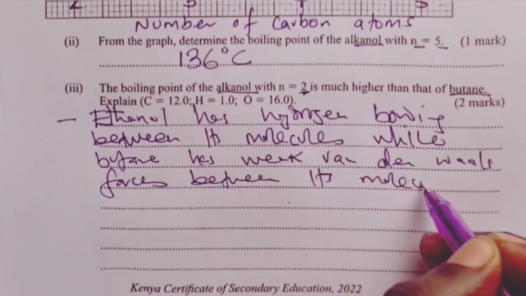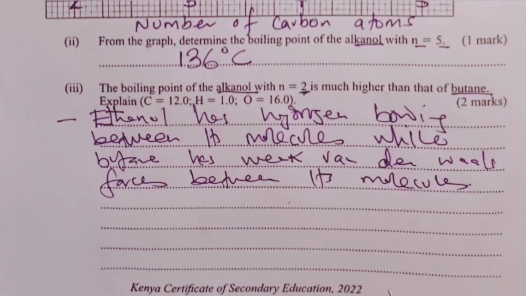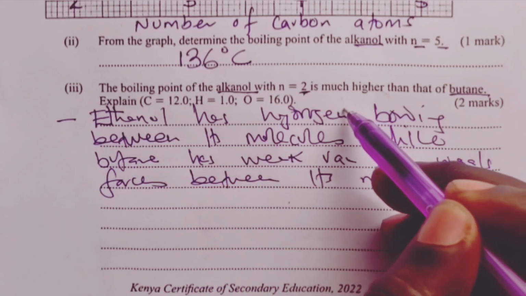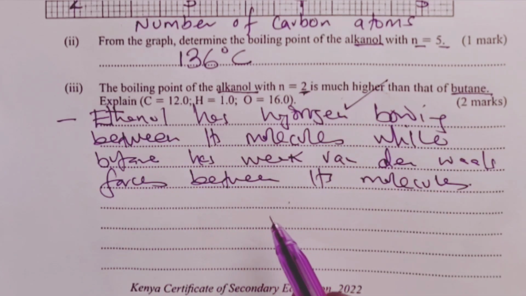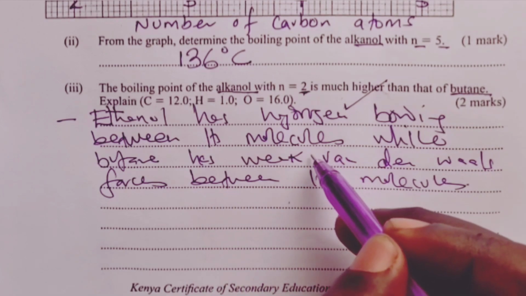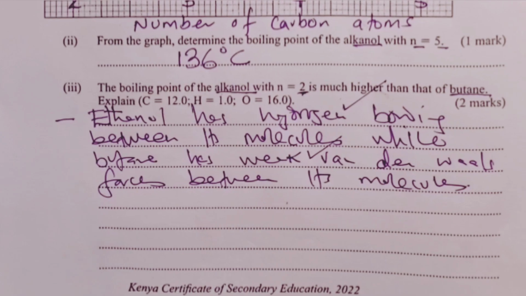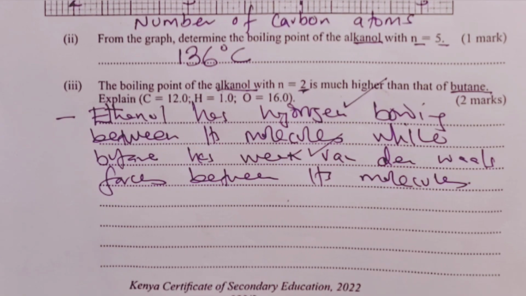This would be the difference in the boiling point. So it's 2 marks. Ethanol having hydrogen bonding, 1 mark, and butane having weak van der Waals forces, another mark, giving us the 2 marks. We now proceed to part C of question 2.